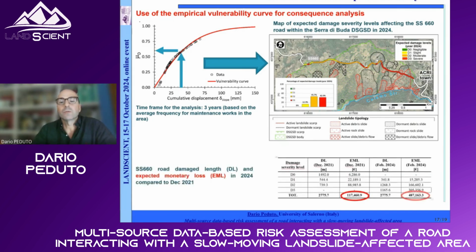From this information, of course, it was also possible to make a comparison on the cost of repair, which is the third risk associated with landslides in this case. It is interesting to note that if no countermeasures are taken in these 3 years, the expected economic loss in 2021 was around 120,000 euros, whereas by the end of 2024 the expected damage is more than 4 times higher, around 500,000 euros.